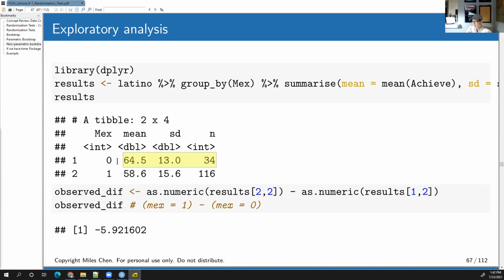So this is actually a much smaller sample, okay? And the difference between 64.5 and 58.6, if we keep more decimal values, is around 5.9, okay? And so we see the difference in the means is around 5.9 between the two groups. And the question is, is that difference of 5.9 significant or not?